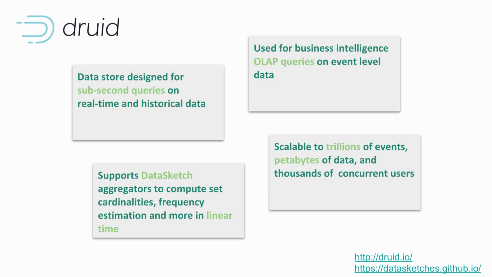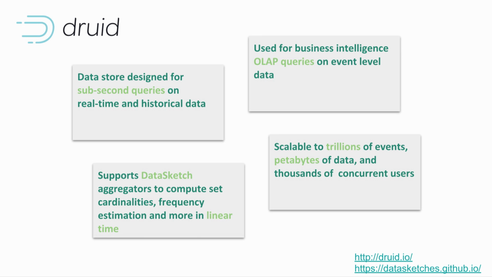The data sketch library is also open source from Yahoo. It is built in-house. Using data sketch algorithms, it is scalable to almost trillions of events, petabytes of data, and thousands of concurrent users at a time.